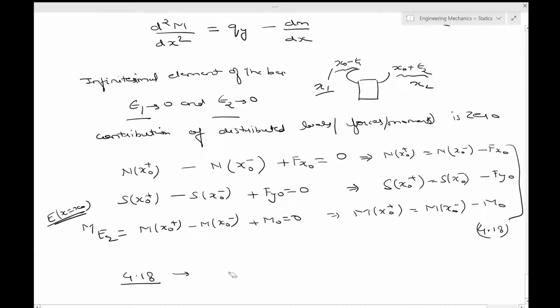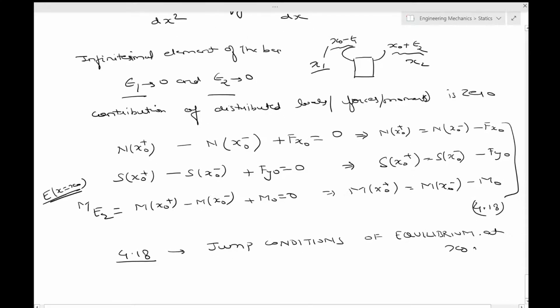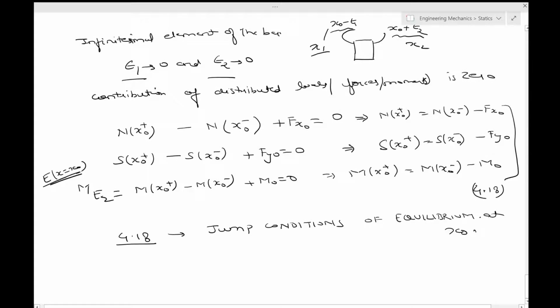Jump conditions because the normal force and the shear force and the bending moment suddenly jump. And obviously the jumps are equal to these values Fx naught, Fy naught and M naught.